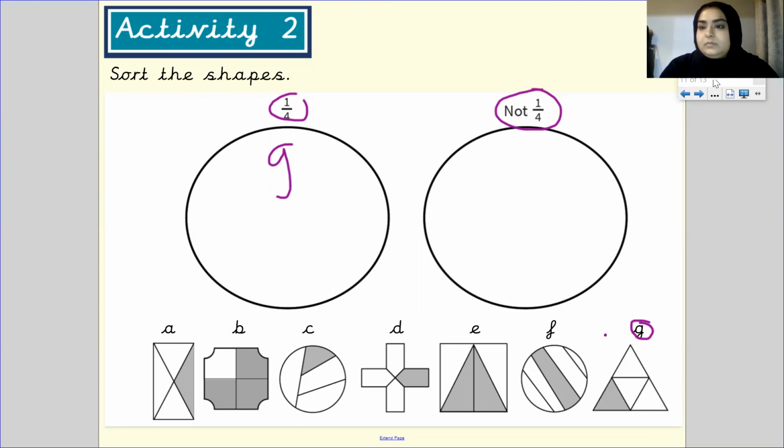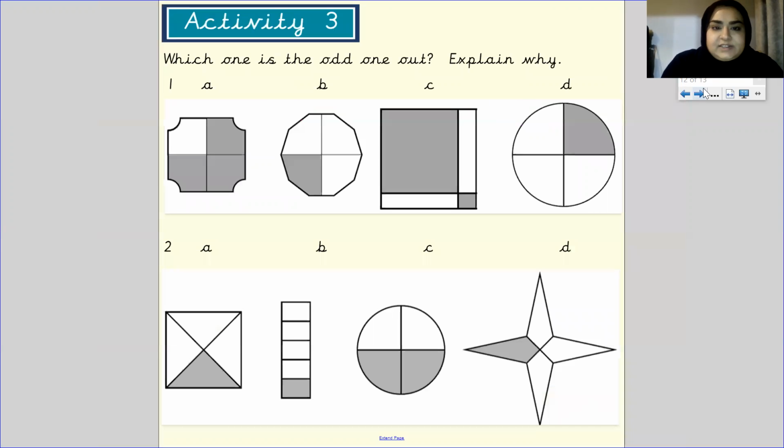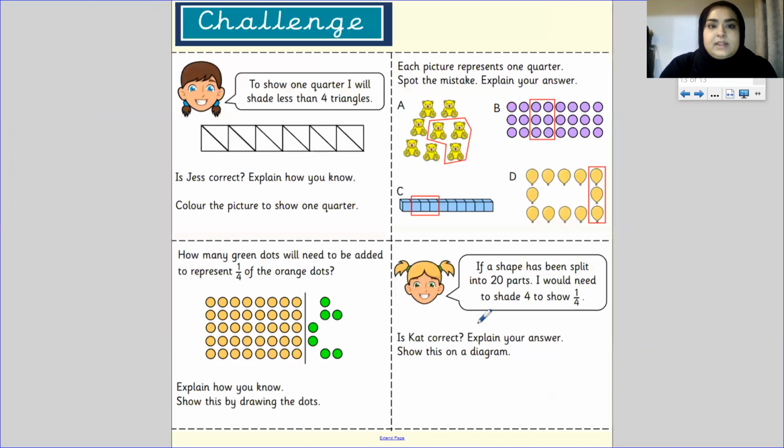Okay? Now, activity number 3 says, which one is the odd one out and explain why. So from question 1, you need to check which one is the odd one out and then you explain why. With question number 2, you choose the odd one out and explain why. Okay? Then for your challenge, you've got these questions here.